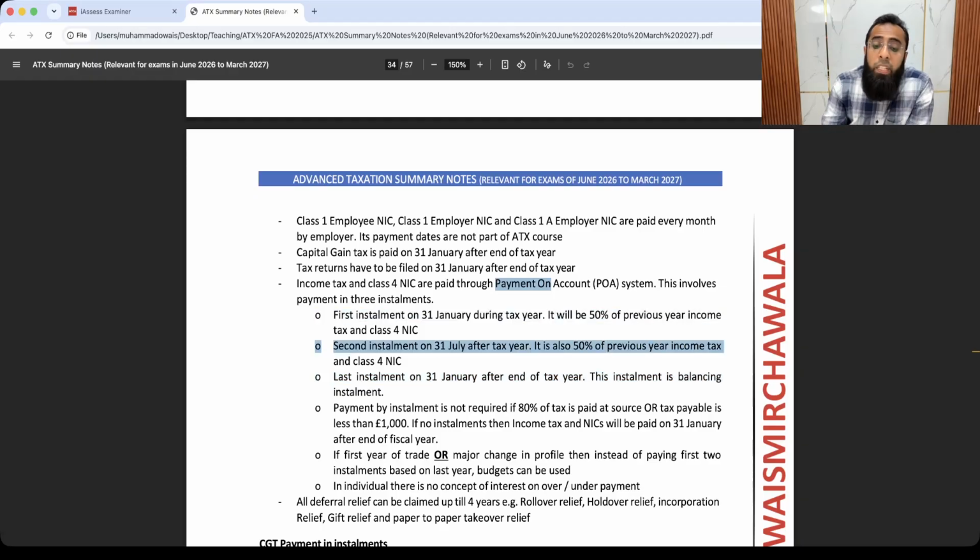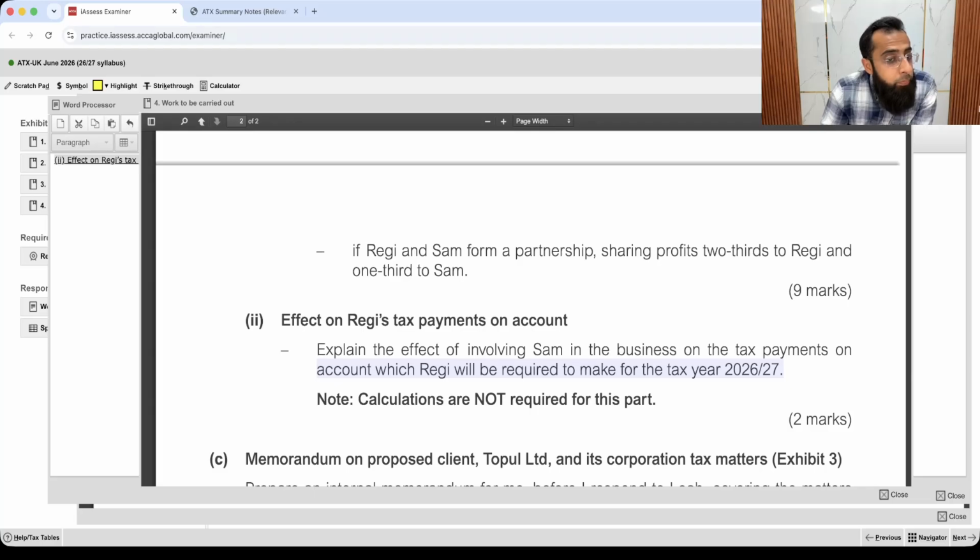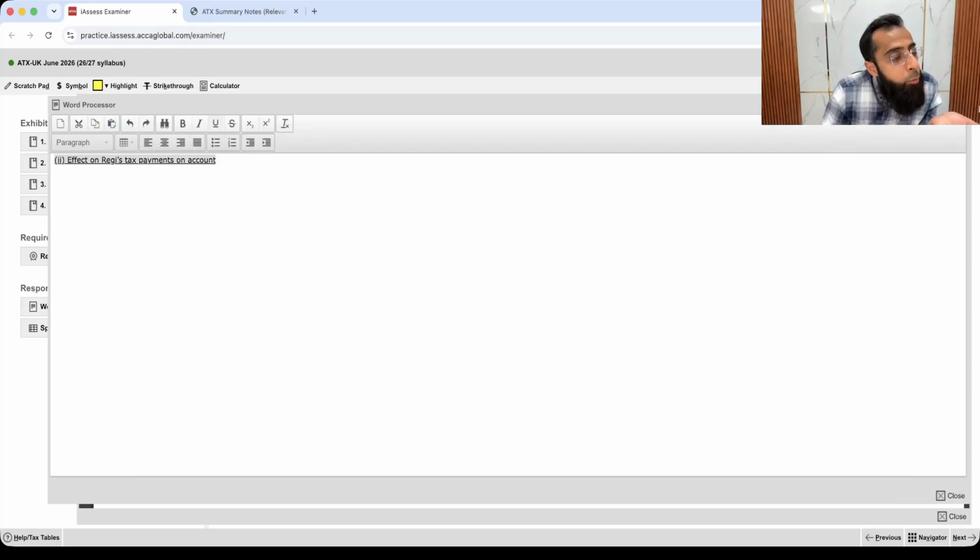But if it is the first year of trading, or if there is a major change in the profile of the business or major change in profitability, then we can request the tax department to follow budgets. But in a normal situation, the payment on account of Regi for 26-27 won't be impacted. Listen to me carefully.